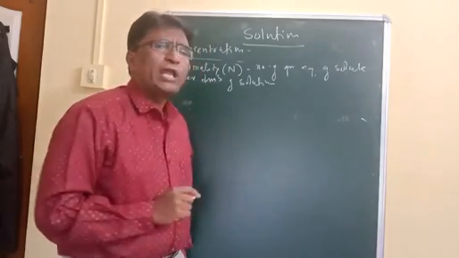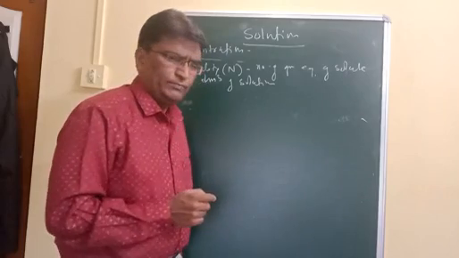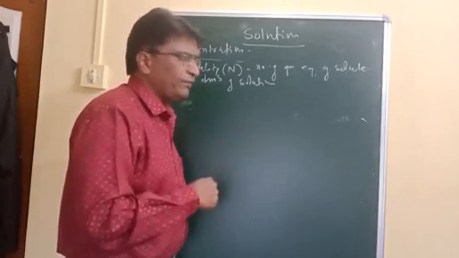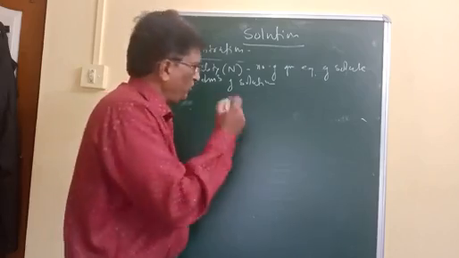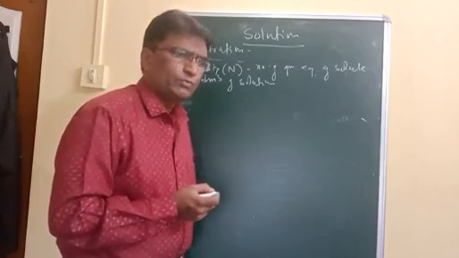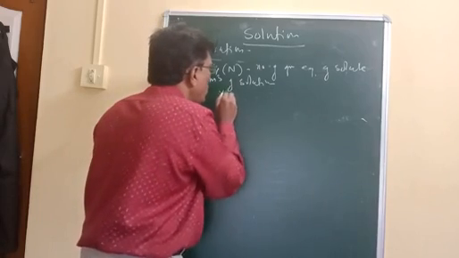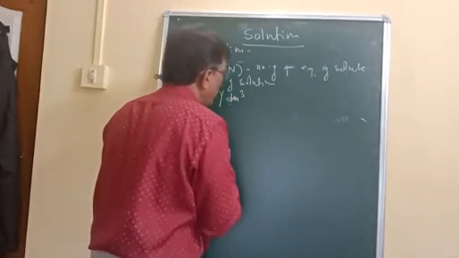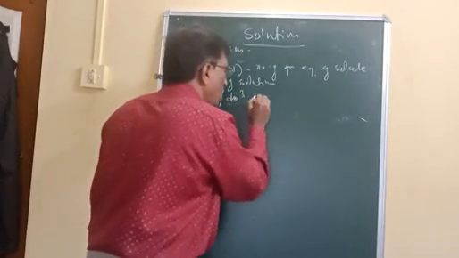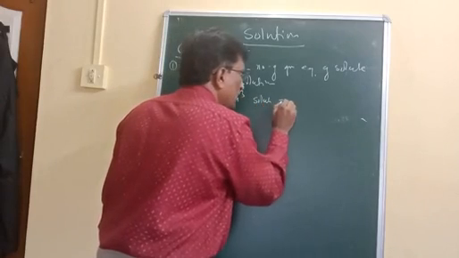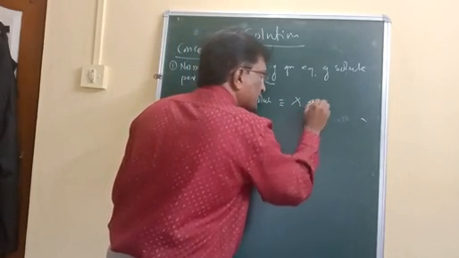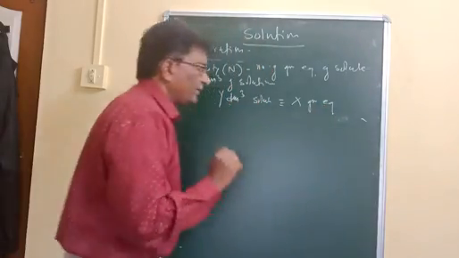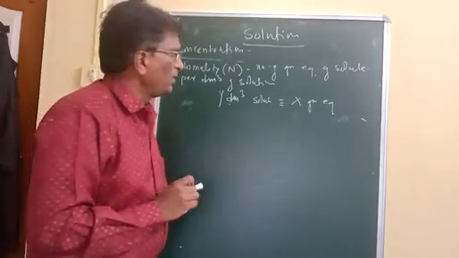Now how to calculate the normality? That means we require the equation for calculation of normality. Now suppose y dm cube, that is y liter of solution, contains x gram equivalent of solute.